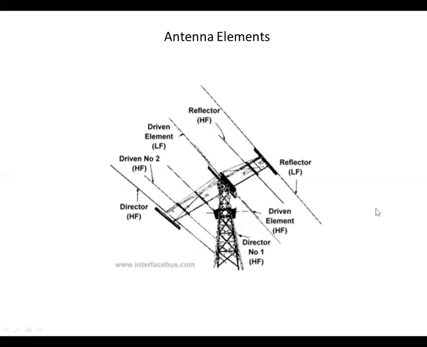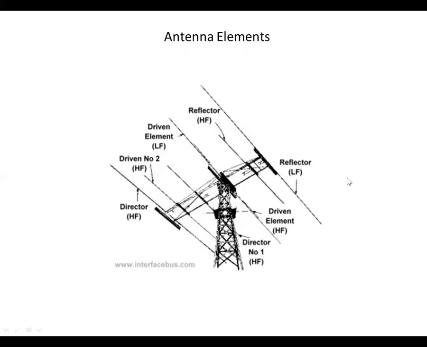Now this is a little more complicated, a little busier antenna, but this is a Yagi antenna, and this particular antenna has the capability to operate on two bands. There's a high frequency band and a low frequency band, and they're not being exact on what band it is. It's just showing that one band is higher frequency than the other.